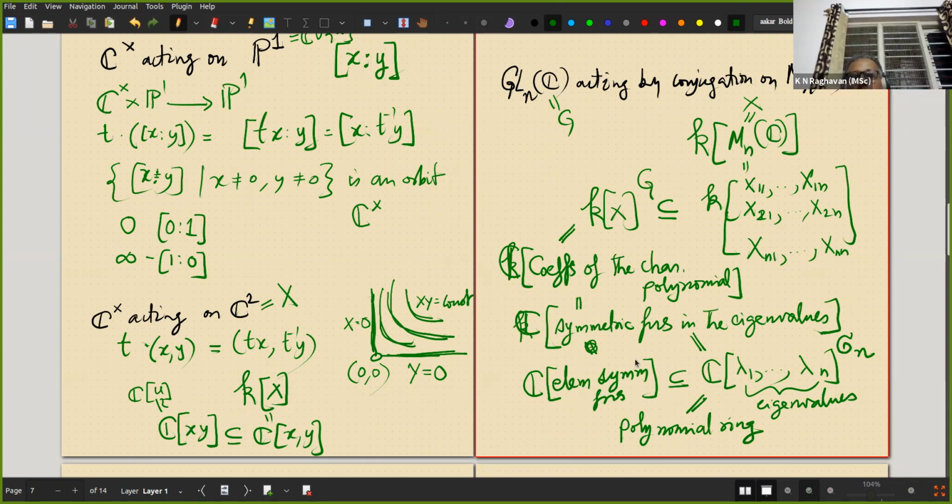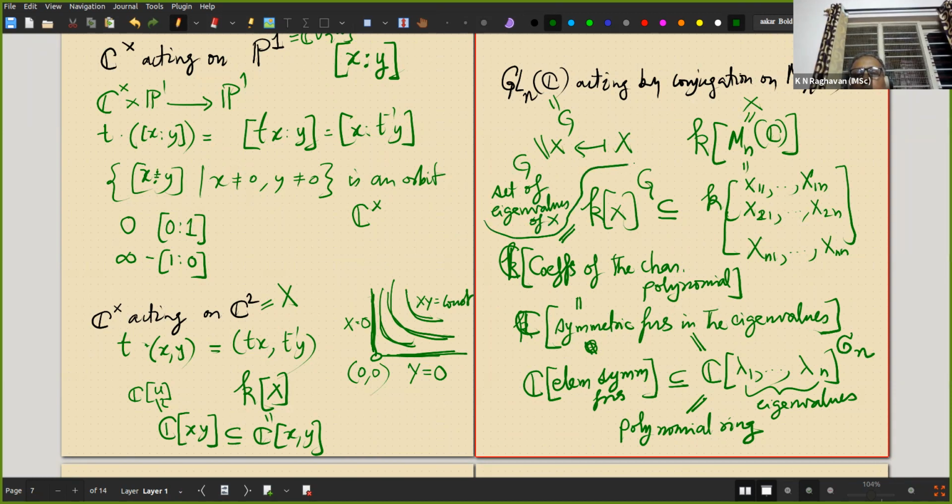And this categorical quotient, therefore, is just the set of eigenvalues. And so what is this map? X going to X mod G is just the set of eigenvalues. So I guess that's a neat description.